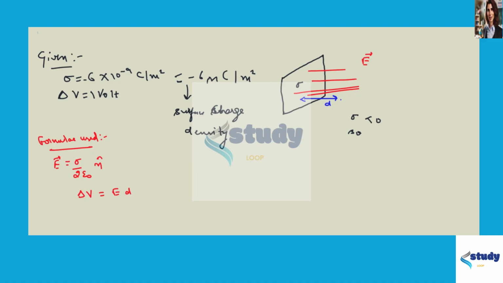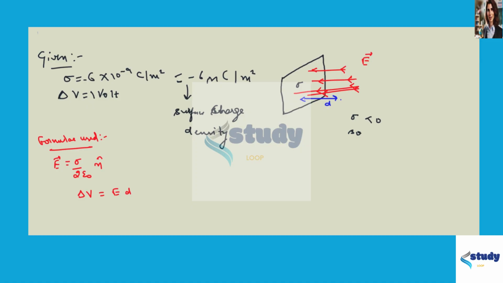So the first question is, where is the electric field? The electric field due to the negative surface charge density should be towards the sheet of charge itself. And we know that the electric field due to sigma charge density by an infinite plane sheet of charge is equal to sigma over 2 epsilon naught n cap.